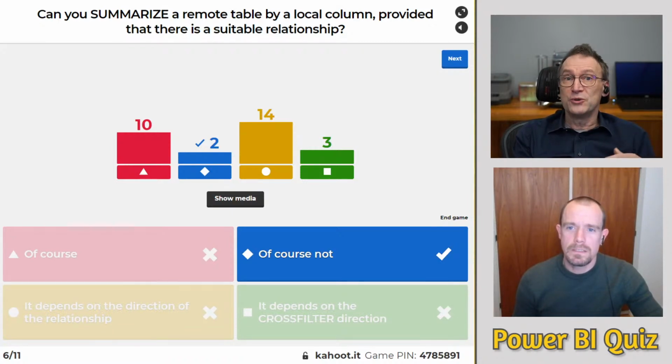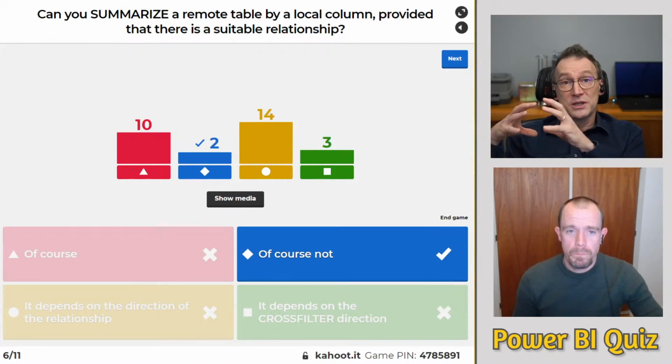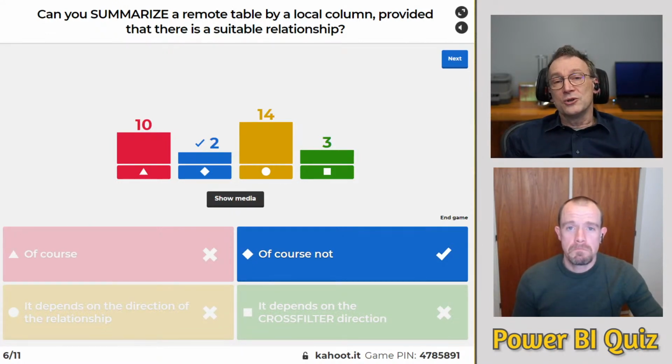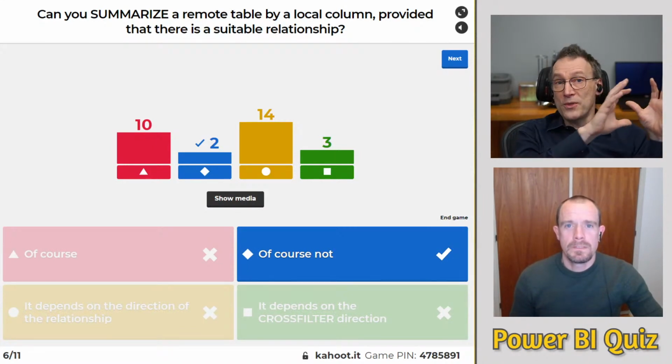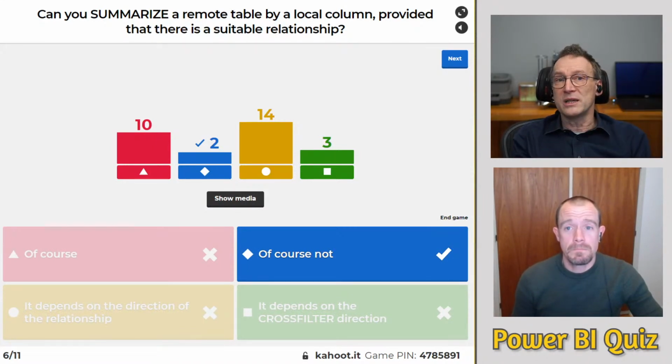Weak relationships do not trigger table expansion. And SUMMARIZE lets you summarize only by columns that belong to the expanded version of the table you are summarizing. So if you build a relationship between two tables which are both remote, then you can summarize, because there the table expansion happens, provided that table expansion works in the remote model.